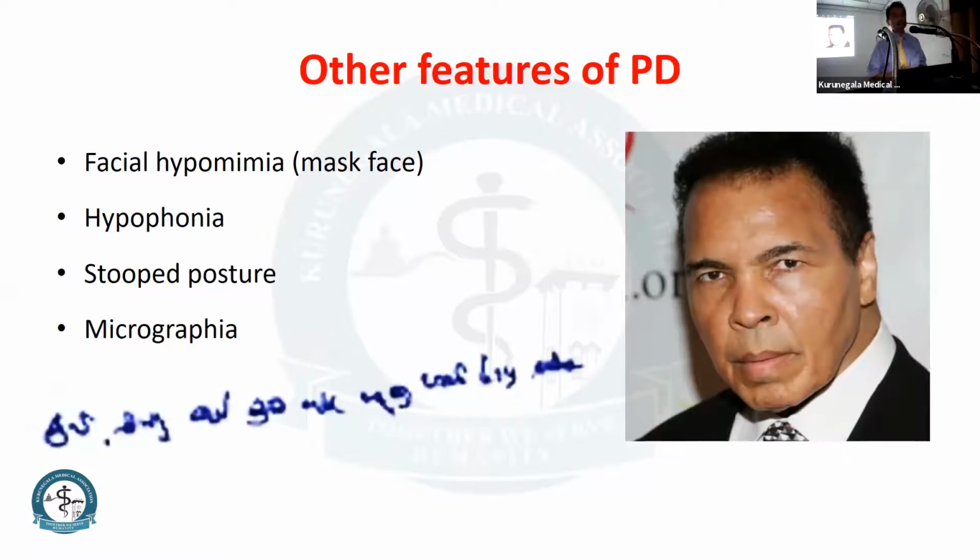And micrographia. Now actually I lied. I told you medical students write small letters. That is not micrographia. Micrographia is just like bradykinesia. It starts with large letters, then it becomes progressively smaller. Like bradykinesia, I told you, it's a progressive decay in repetitive motor action. Just like that, the handwriting also becomes smaller and smaller.